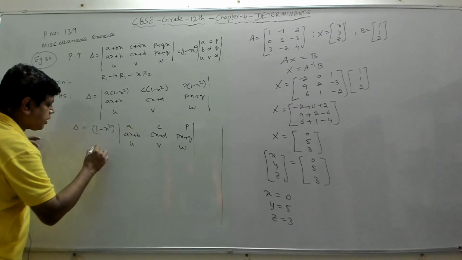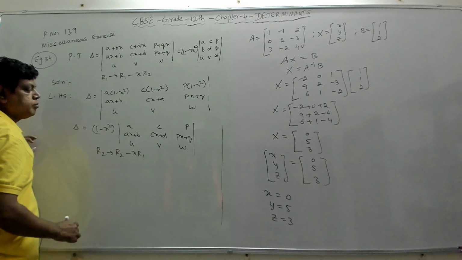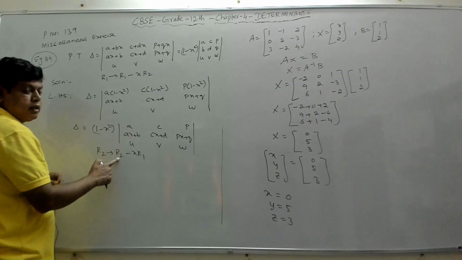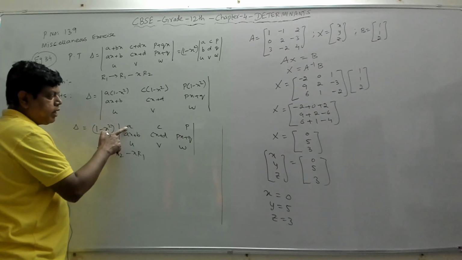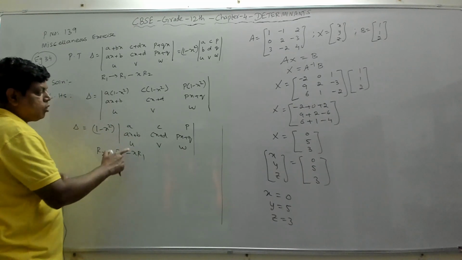So the operation that we can do is R2 implies R2 minus x into R1. R2 is ax plus b minus x into a, so ax plus b minus xa. Ax will go, and you will get b alone here.